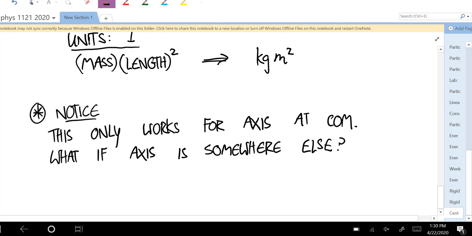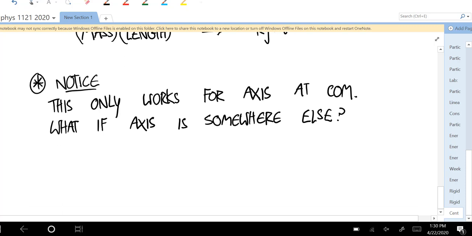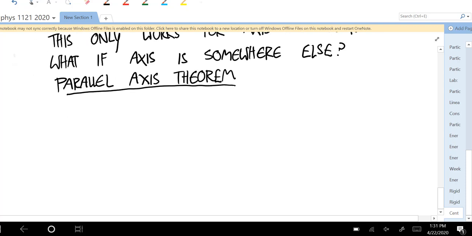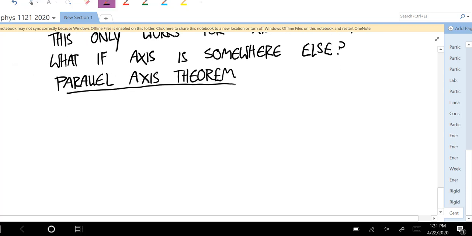Well, it turns out that there's a simple solution to that too, and it's called the parallel axis theorem. Without this parallel axis theorem, this would be a really major problem. Or I guess what it would really mean is that you would have to use the integral definition every time. These integrals can be complicated, and we'd really like not to have to do that. Okay, so now the parallel axis theorem.